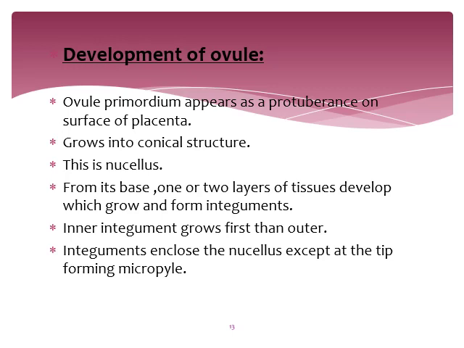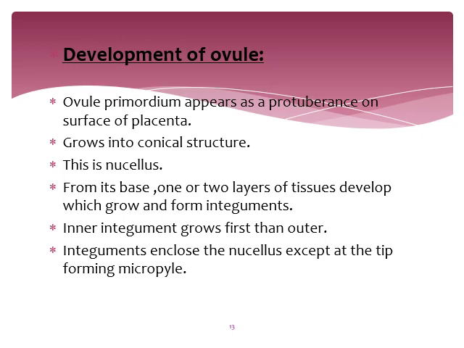From its base, one or two layers of tissues develop, which grow and form integuments: outer integuments and inner integuments, but out of these, inner integument grows first, then the outer integument.